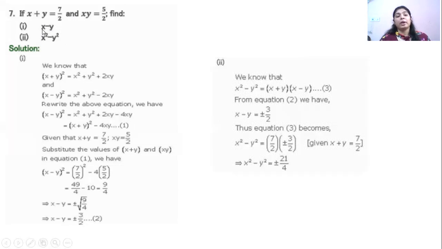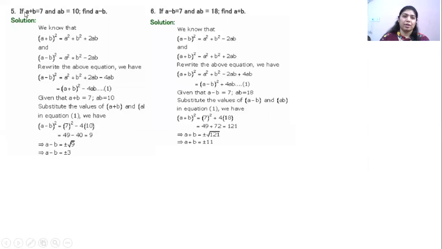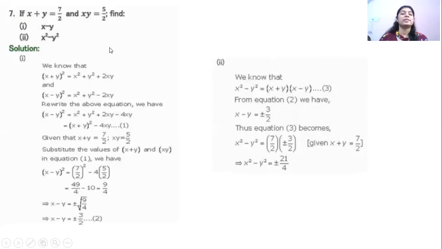But to evaluate A minus B, see question number 5. A plus B is given to us, the product is here, A minus B is here. So again, we are going to use identity 4, which is (A minus B) whole square gives you (A plus B) whole square minus 4AB.